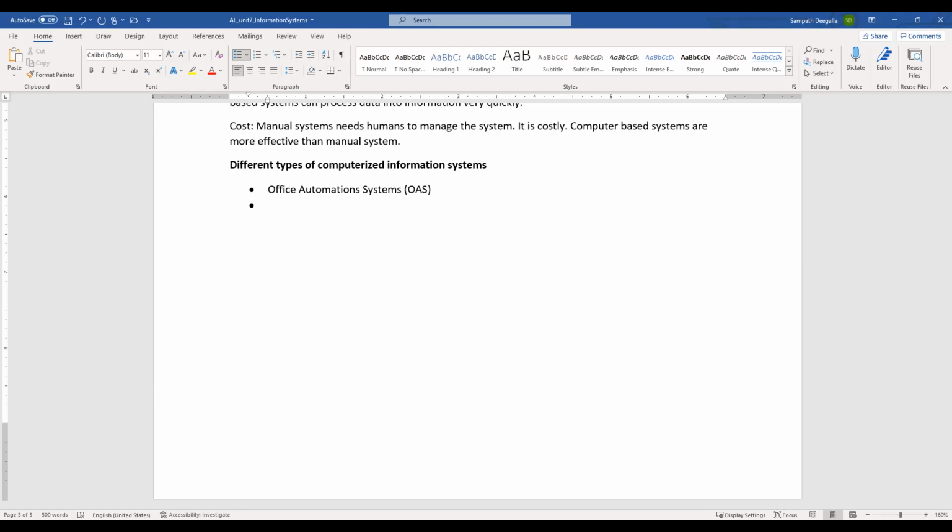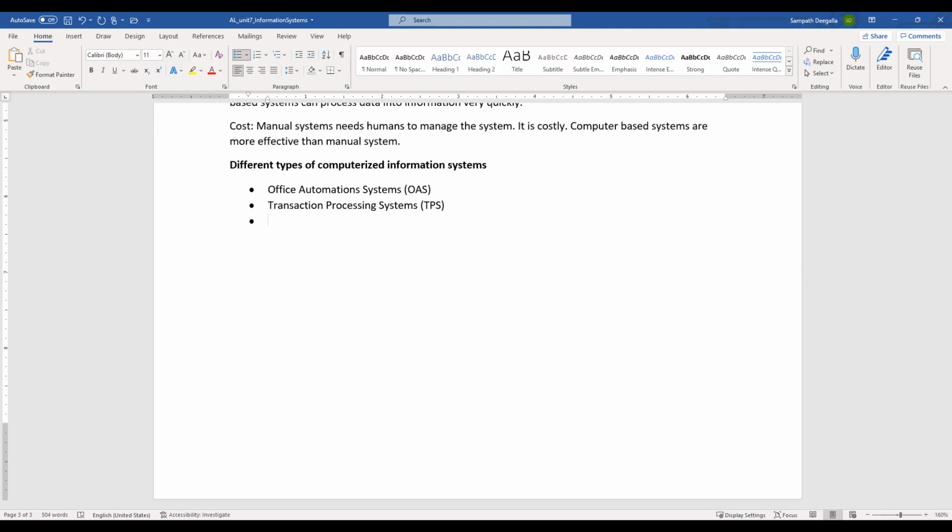Usually we say it's operational activities. And if you go to a shopping mall and you are getting a bill, that is an example of transaction processing systems. In short, we will call it TPS.